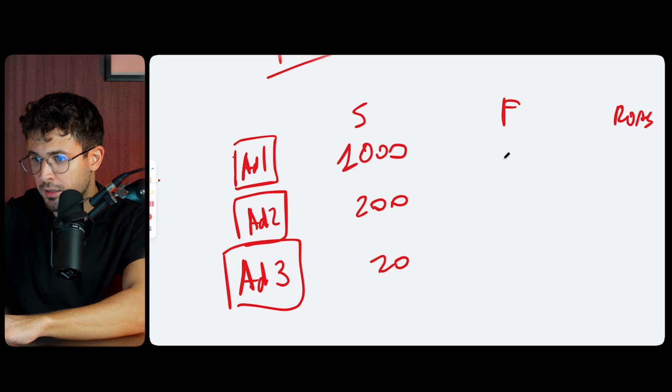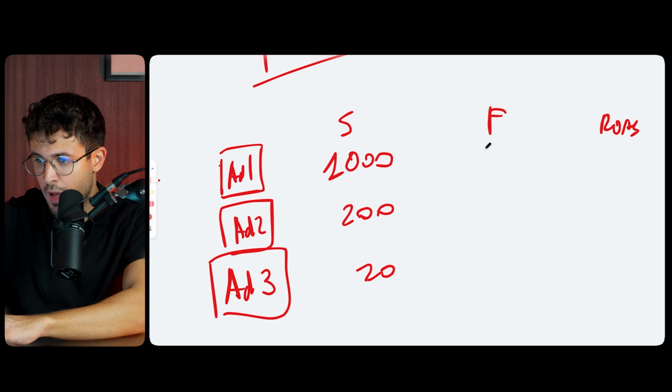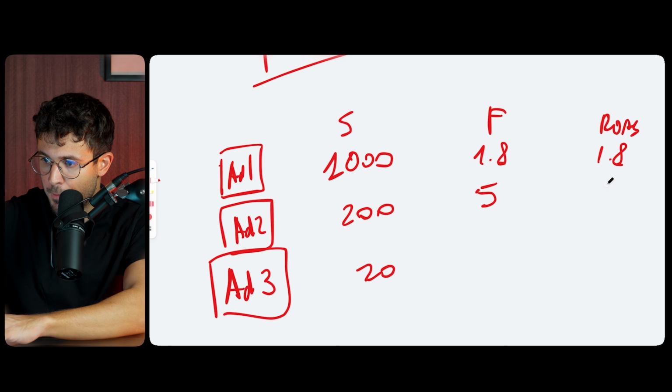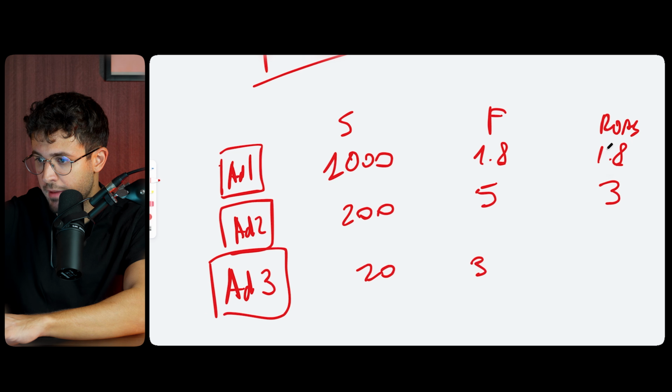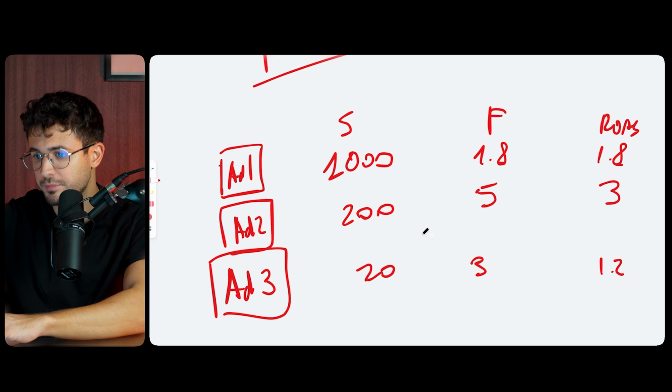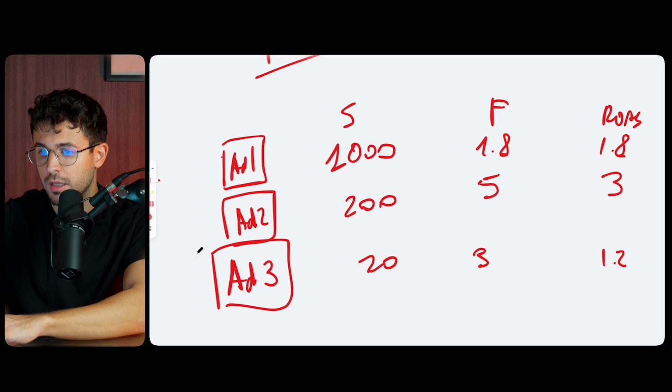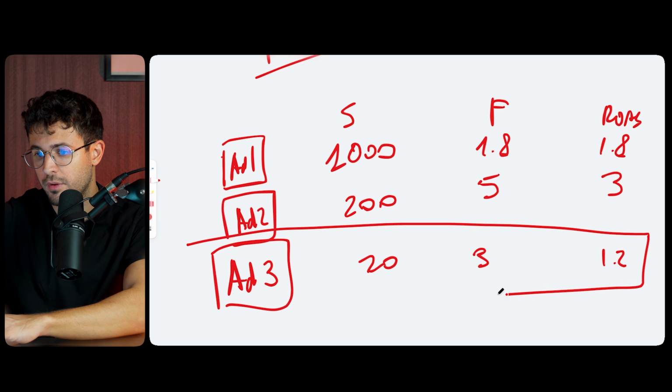Let's say here the frequency is 1.8, ROAS is 1.8. Here the frequency is 5, ROAS is 3. Here the frequency is, let's say, 3, and the ROAS is 1.2. So what you want to do here, this one can go off.